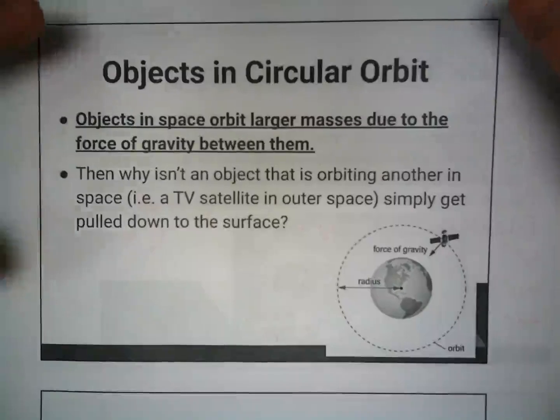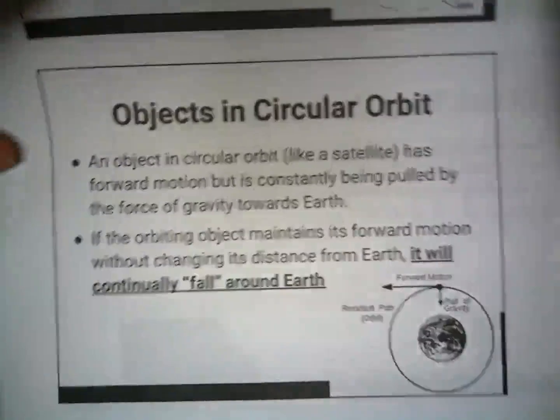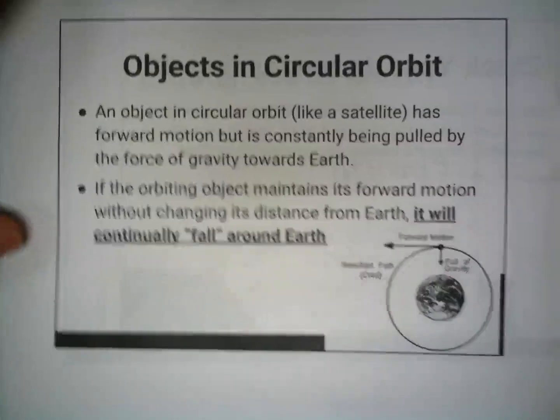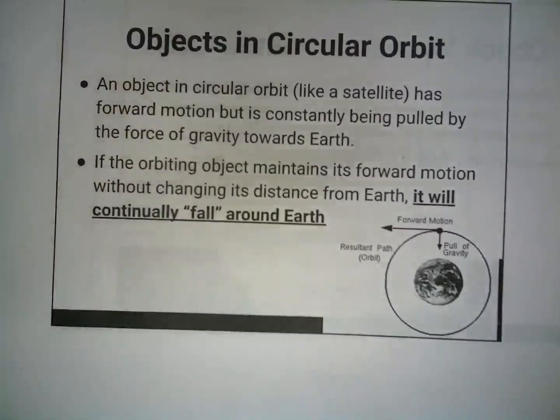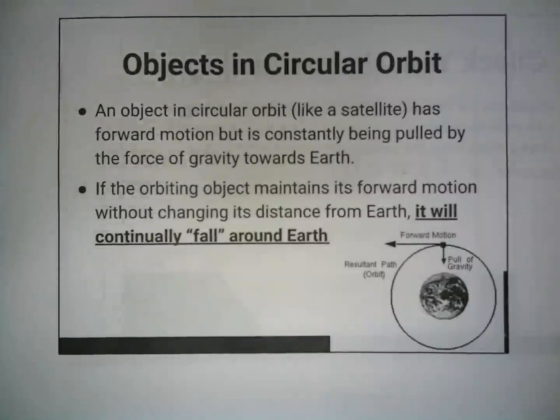Okay. And so why is it that they just don't get pulled down, though? Well, it's because the satellites were launched at a particular speed, at a particular angle, with a particular mass, at a particular time, to where it could be a particular distance from the center of the Earth, so that it could continue to move at a particular tangential velocity around the Earth in order to more or less stay in free fall.